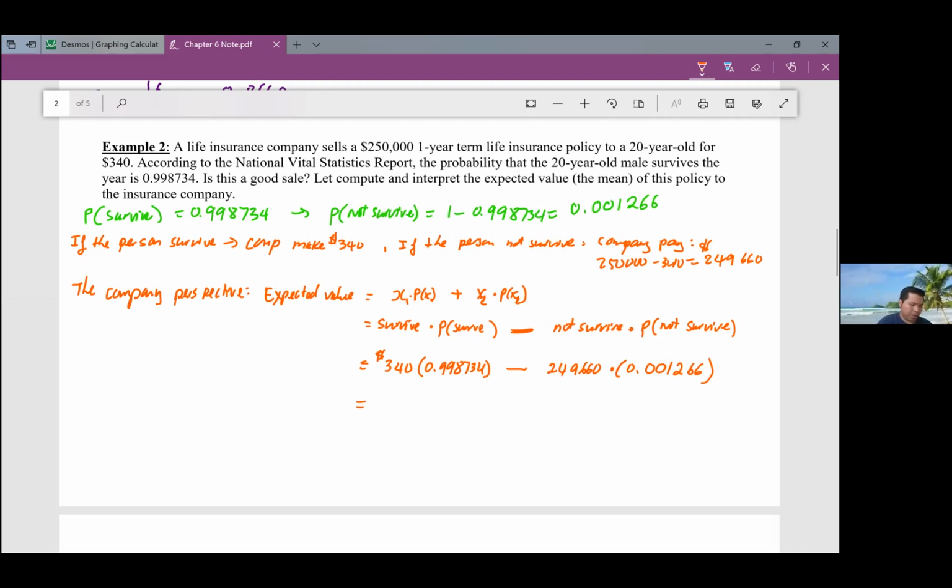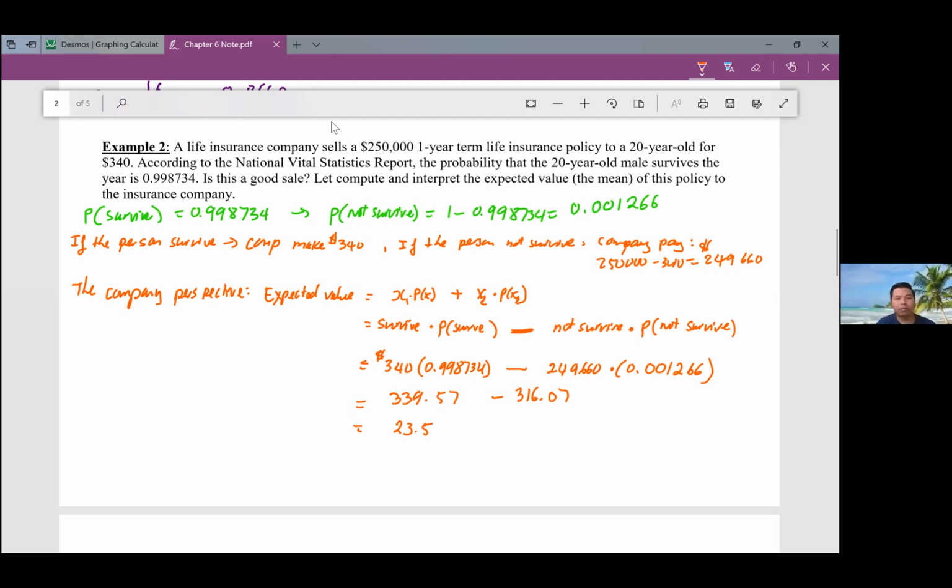And when you do a simple math like that, you get 339.57 minus 316.07. They're making 23.5 on average.